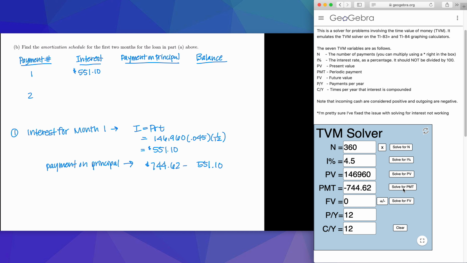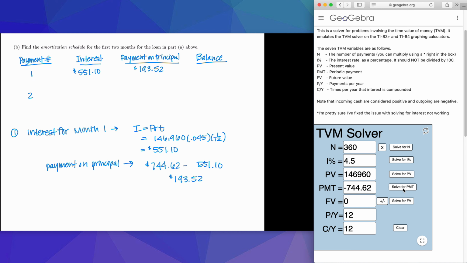Put it in my calculator real quick. We get $193.52.